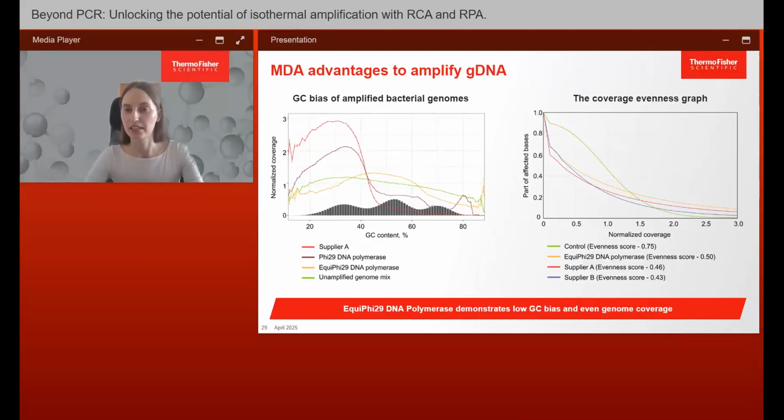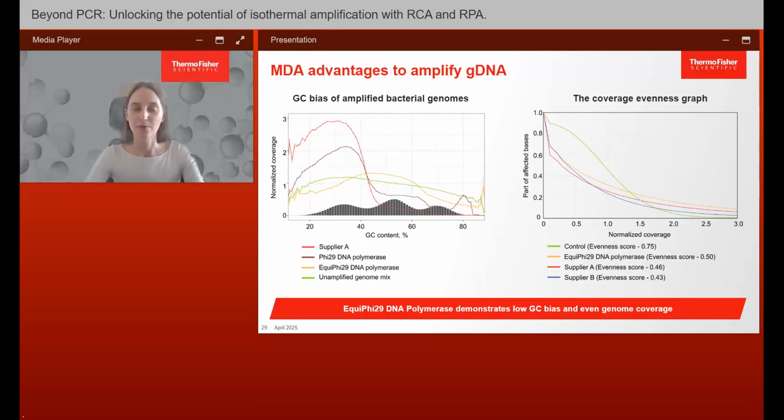So the next best score of 0.5 came from Equify-29 DNA polymerase, demonstrating that Equify-29 is the best option for whole genome amplification reaction.